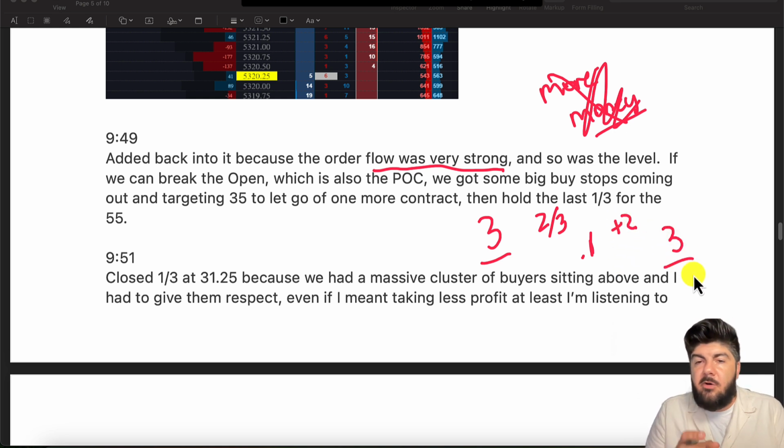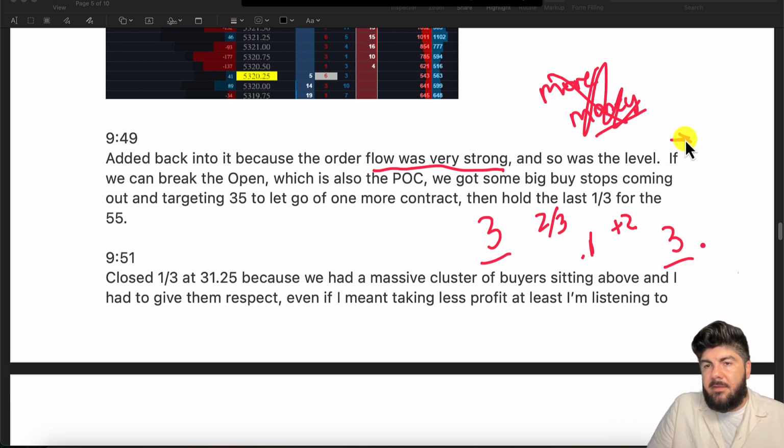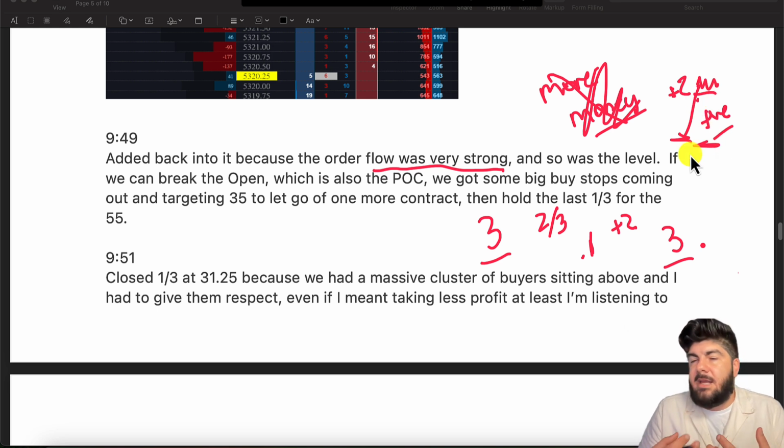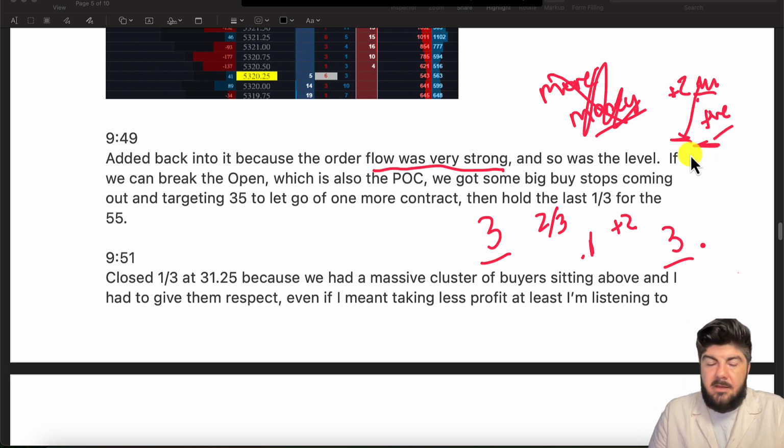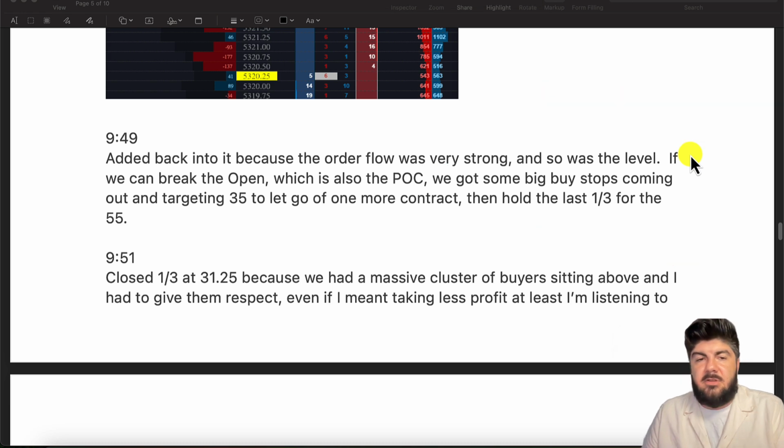I basically reloaded my trade at a higher level, and I used the 1 contract from the initial open to the upside to give me the profit that I needed to put 2 more in, and to use the profit of this to have very little risk once you calculate the total balance of the trade, right? So I'm scaling in essentially into the market.